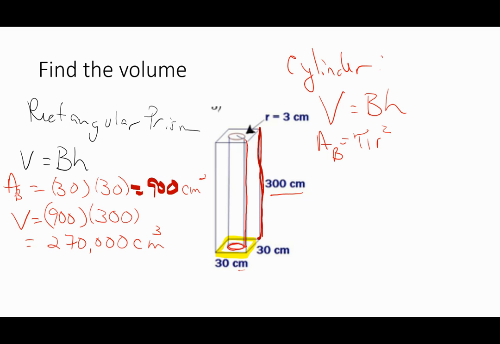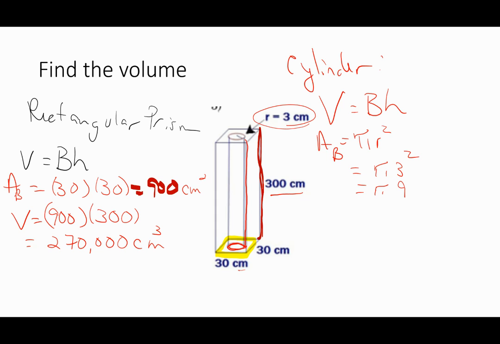So we're going to see how many squares fit in here. They don't fit evenly. It's going to be a decimal value. So pi r squared, and we see up here the r given to us is 3, squared. So we have 3 times 3, which is 9.